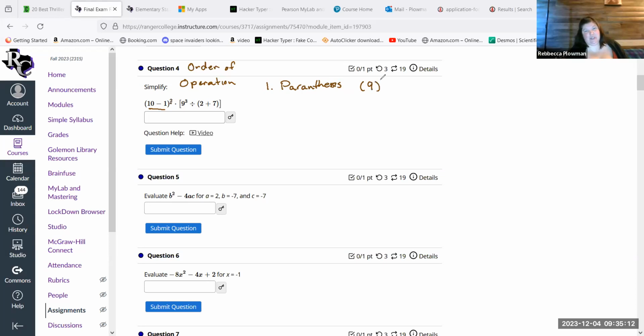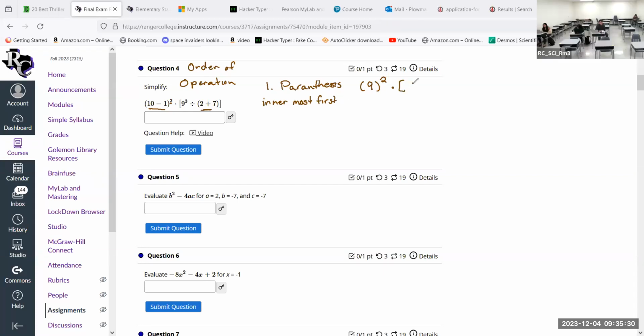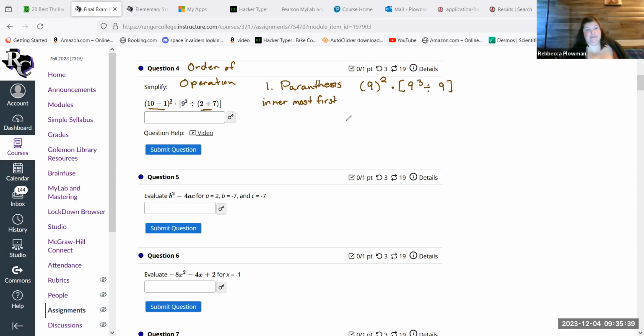And then that square stays out here. Then we have 2 sets of parentheses here, so we do the inner one first. If we do have them stacked, it's always the inner one first. The inner one is 2 plus 7, so that's going to just be a 9. Then we keep on going, and now I have to deal with the other parentheses.